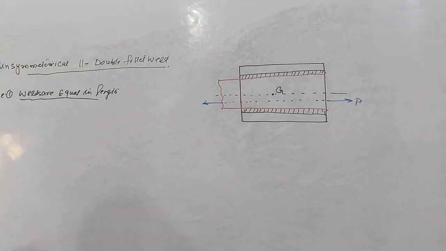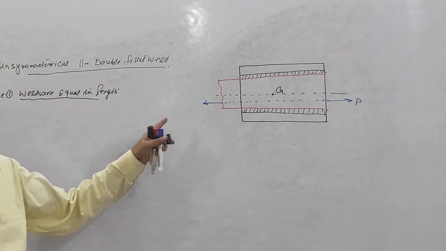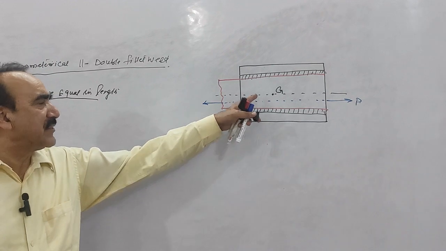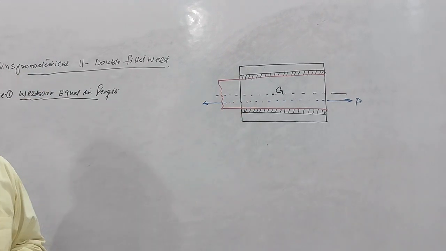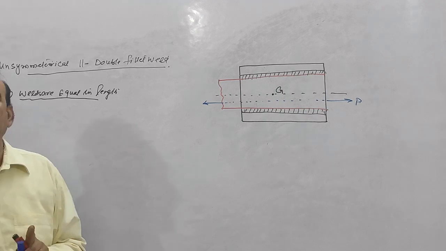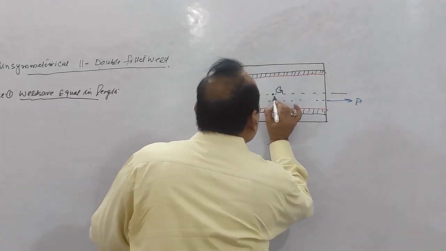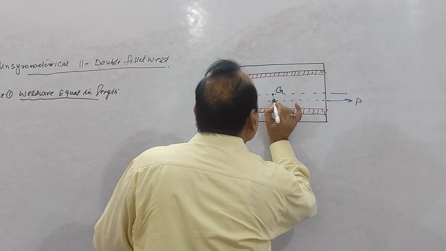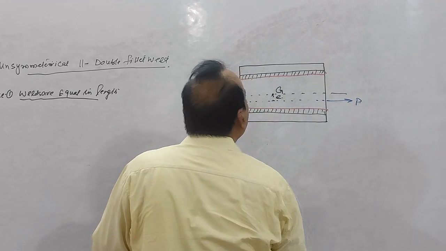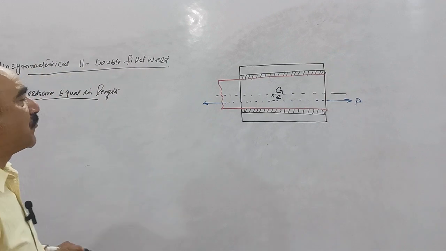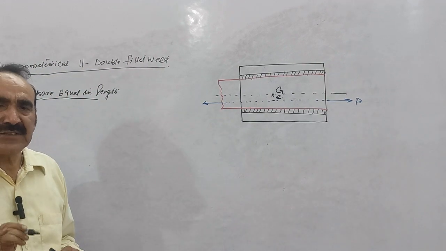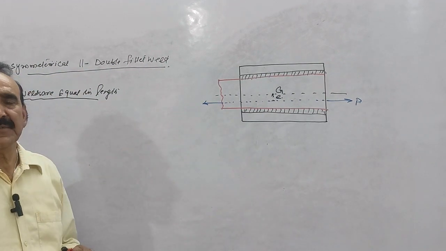As you know, when the force is not passing through the centroid, it is passing at some distance. I have already cleared this in my previous lecture. This distance is equal to E. So the force is passing at distance E from the centroid.